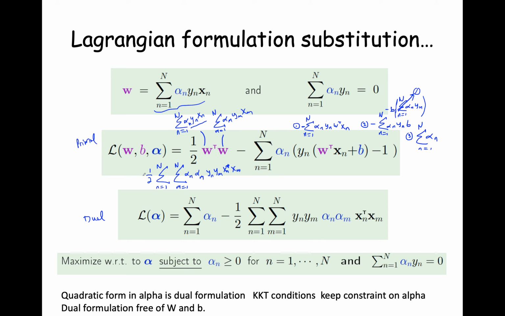So we have this expression from before, and then we also have this expression. We look at this first term here, and we see alpha n, yn, xn. We have this w transpose. Oh, wait a minute, w. Let's substitute in what we have for w. If I substitute in for w here, I notice I'm underneath that summation where the index is n.